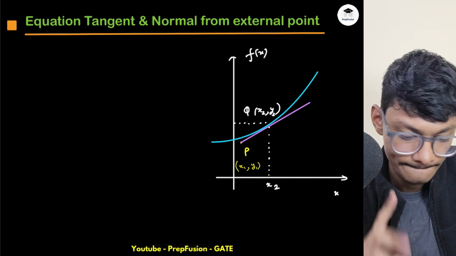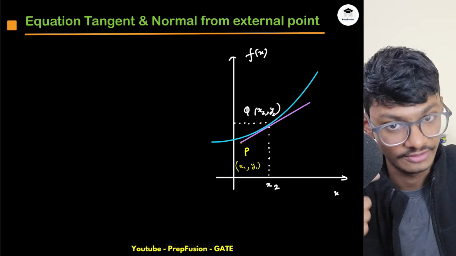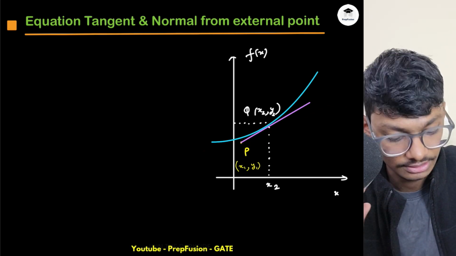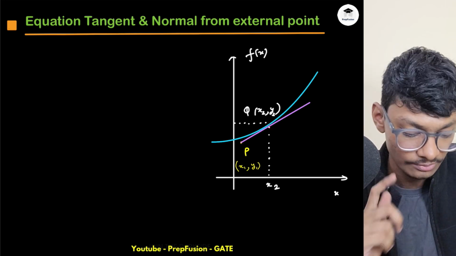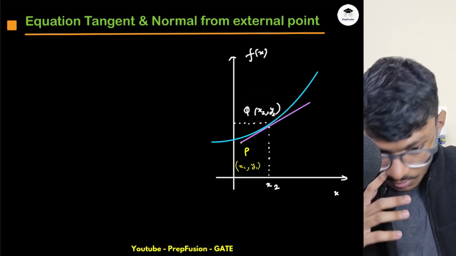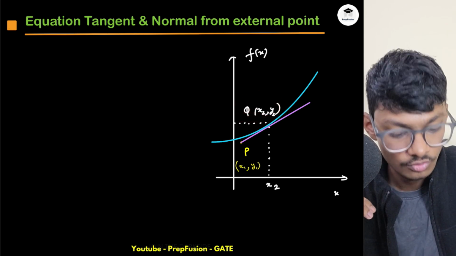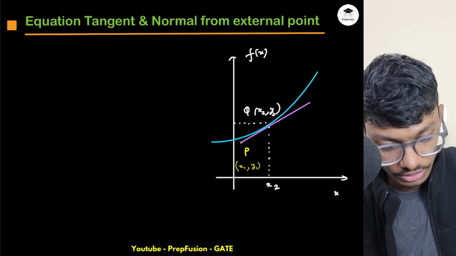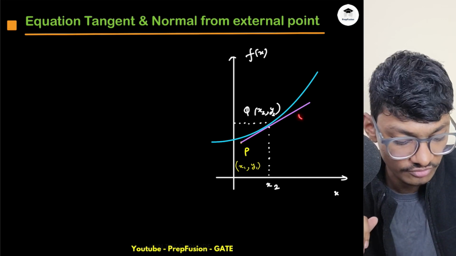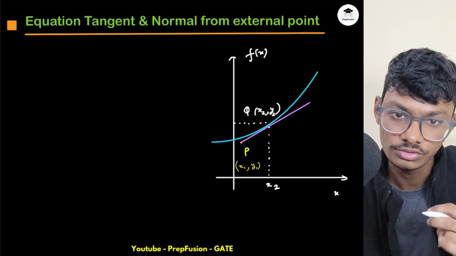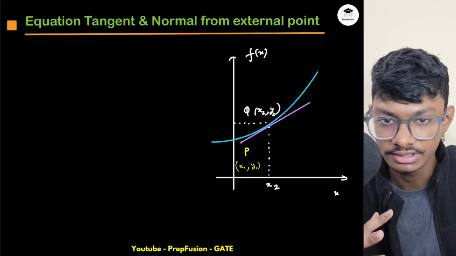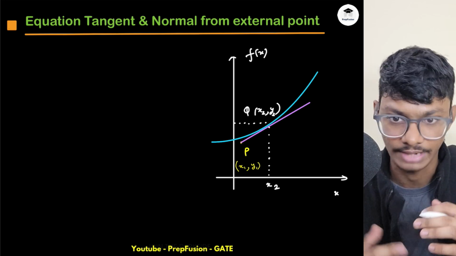Now if it is a tangent to that curve, obviously the tangent has to touch the curve also at one point, and that point is Q, x2 y2. You may have to find x2 y2 or you may have to find the equation of tangent. All these things you may have to find. So how to solve those we will understand. Slowly let me derive everything and we'll quickly recap also.